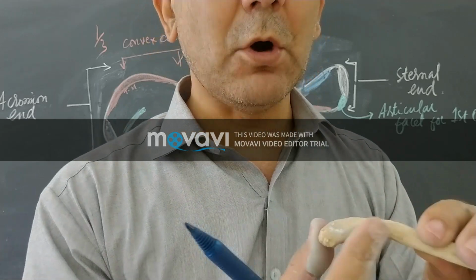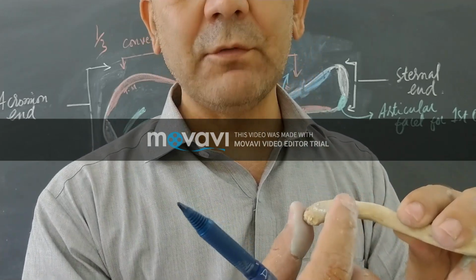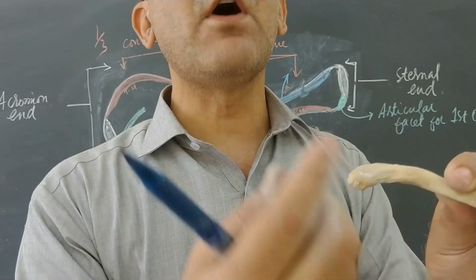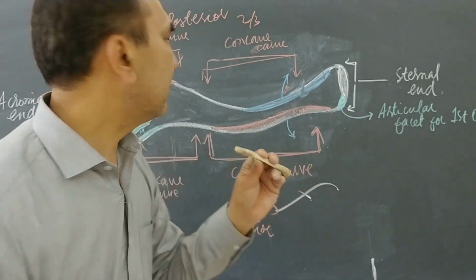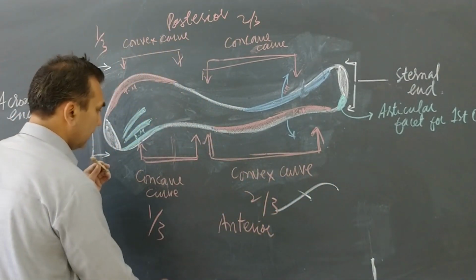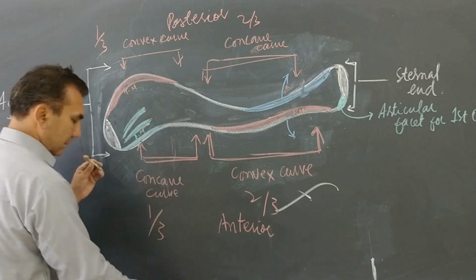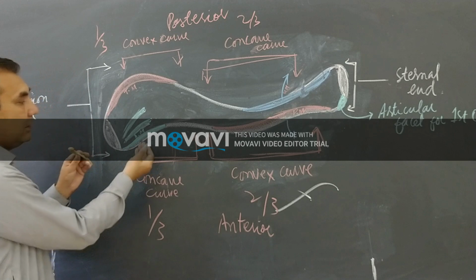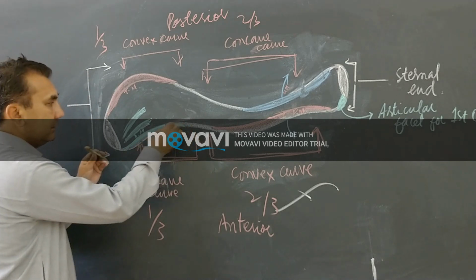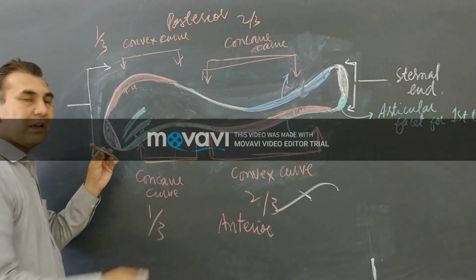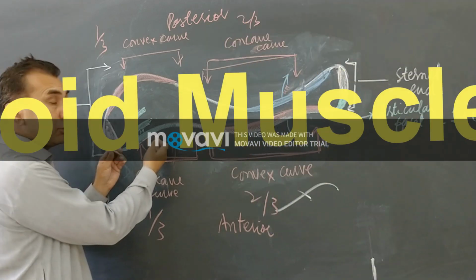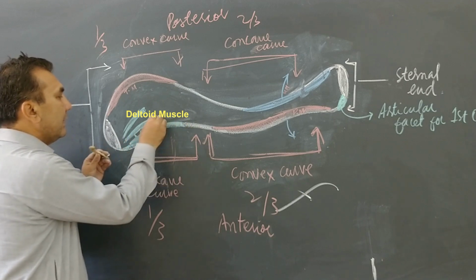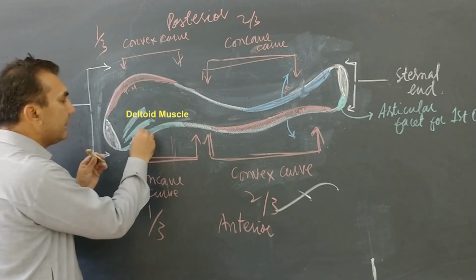The anterior border of the acromial end of the clavicle bone, the concave portion of the acromial end, is for the attachment of the deltoid muscle.